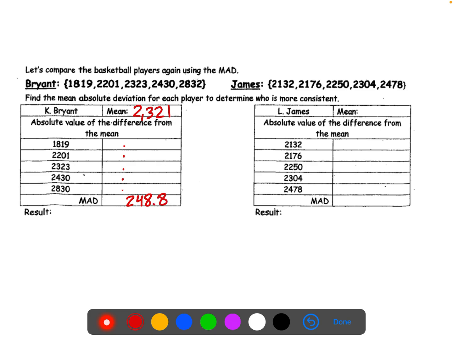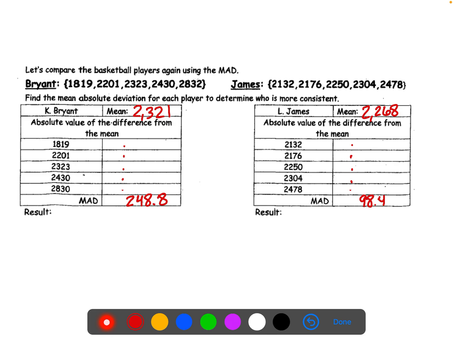Now for James, his mean was 2,268. You would find the deviation for those 5 years, which again means how far each of these numbers is from the mean. Add them all up, divide by 5, and our mean absolute deviation for James is 98.4.